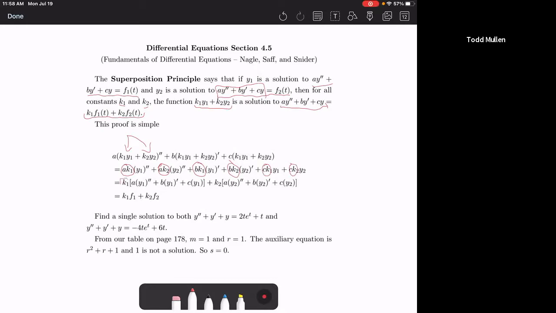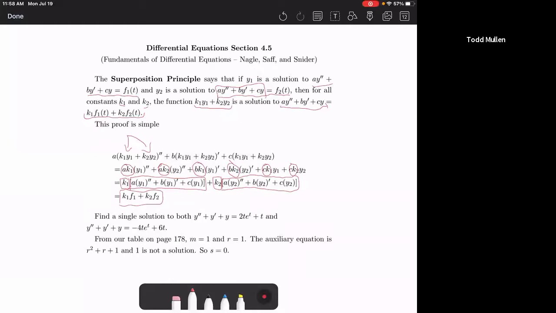And then when you set aside the k1 and the k2 terms, it does turn out that this is equal to f1, and this is equal to f2. So we have k1 f1 plus k2 f2.